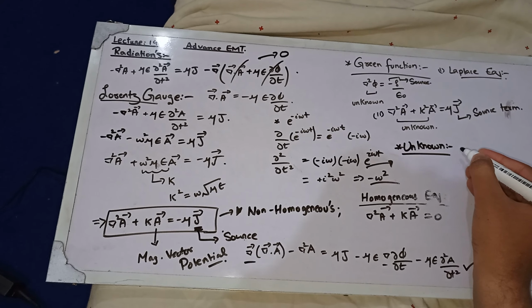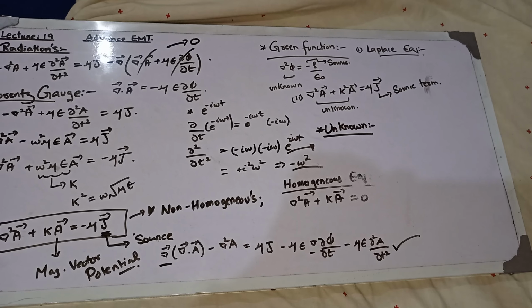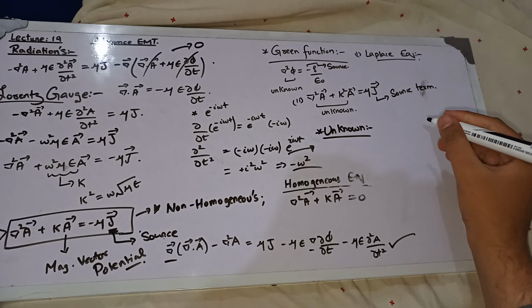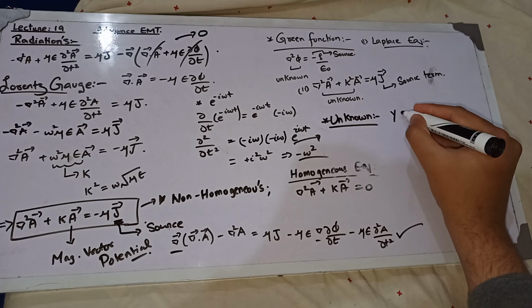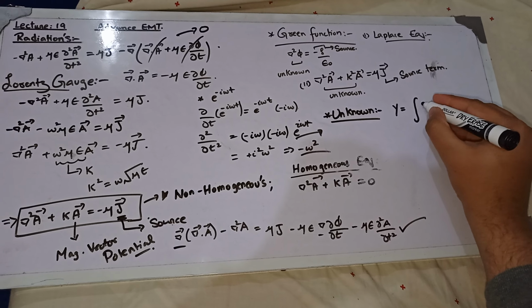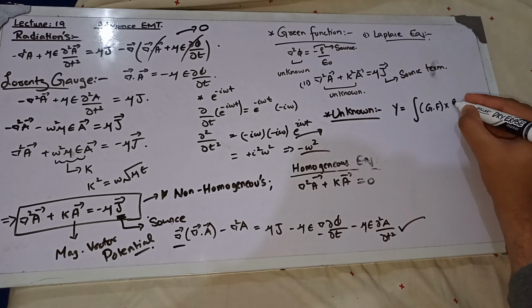What if you want to find the unknown? To find the unknown, we have to use the Green function, and the formula you just have to remember is the integration of your Green function multiplied by the source.